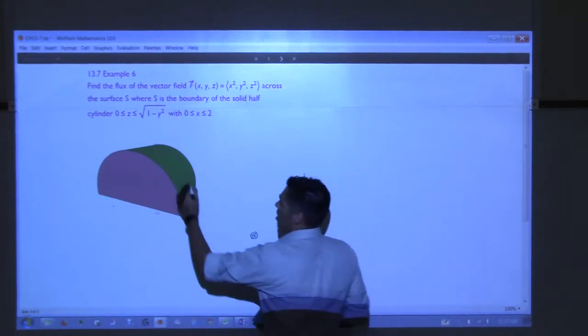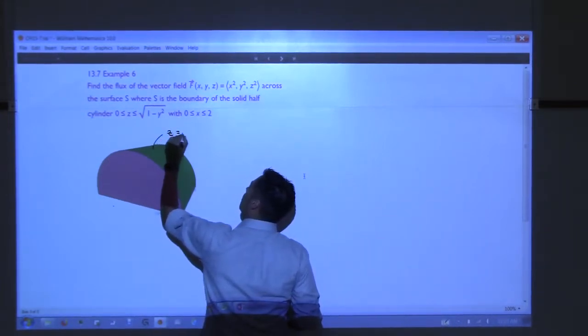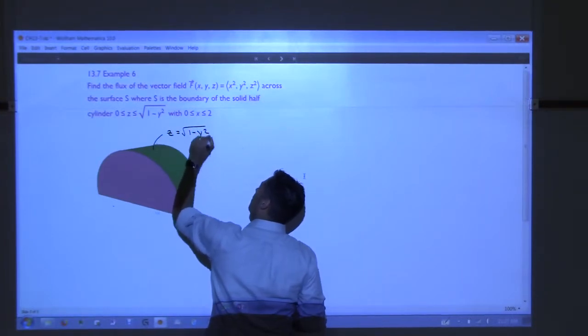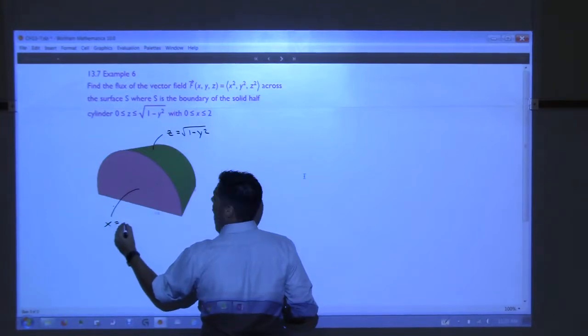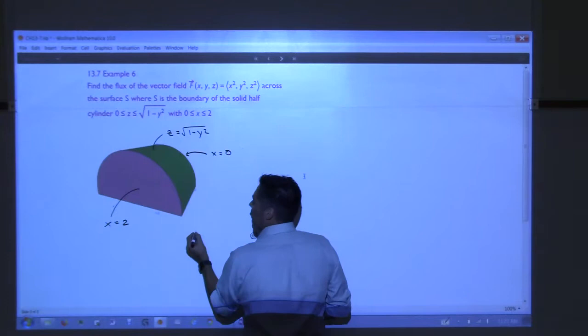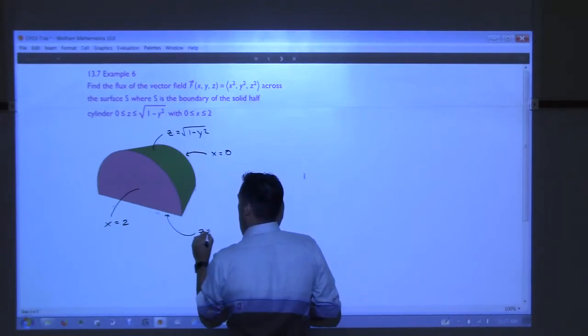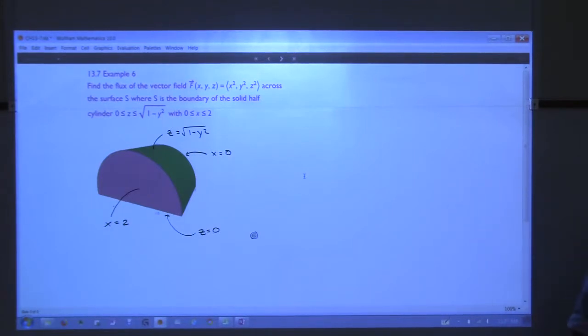And remember this right here, this is z equals square root of 1 minus y squared. This front side is x equals 2, I believe. Yeah, 2. The back side is x equals 0. And then the bottom would be z equals 0. So those are the different planes that we have along with the curve.